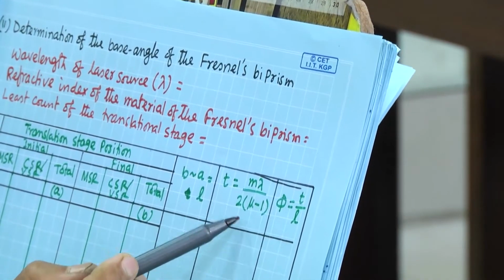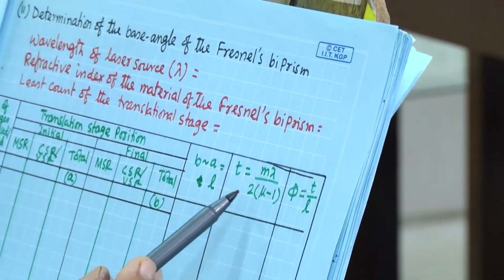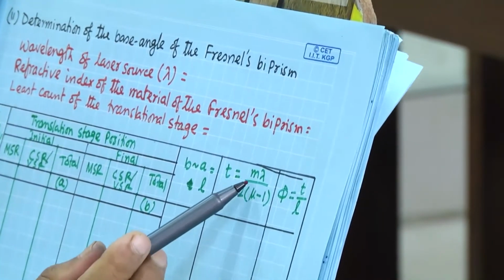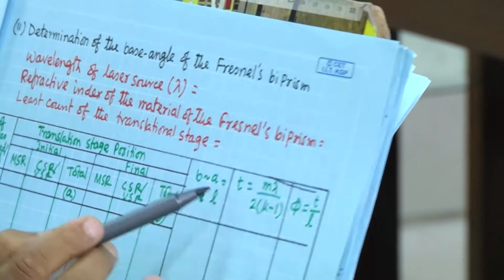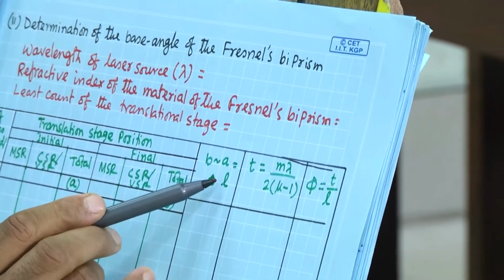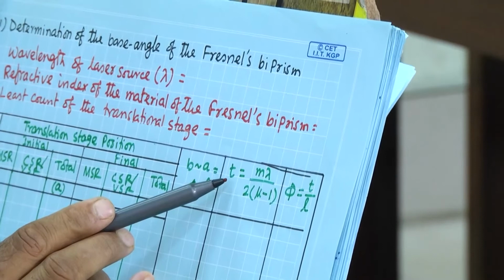So, all parameters are known. M we have counted, and mu and lambda are given. So, we will get T. Experimentally we have measured L, and the corresponding T we are calculating.